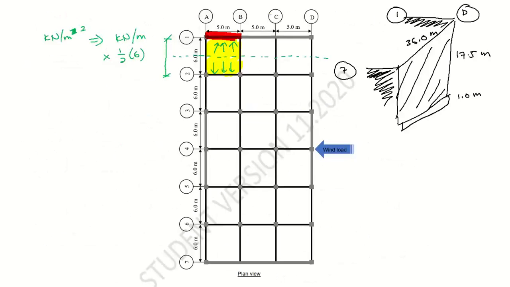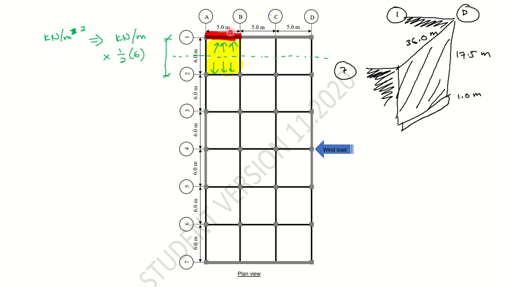Then L is here. So this is wall 1 or wall 7. Let's say we are designing wall 1. Designing wall 1 is the same as designing wall 7, because it is symmetric, it has the same load and the same dimensions.